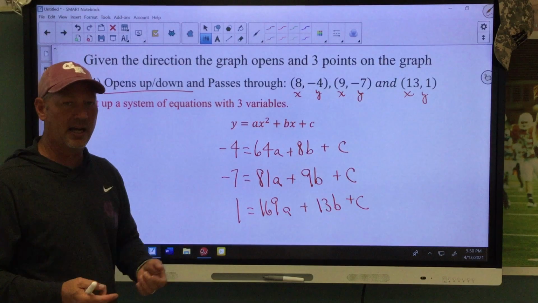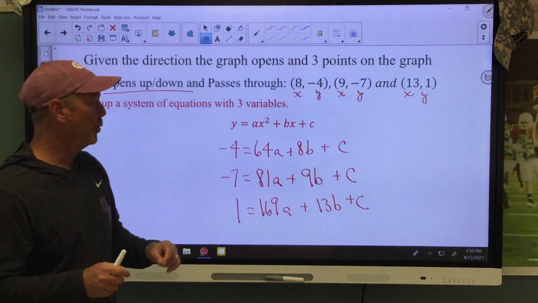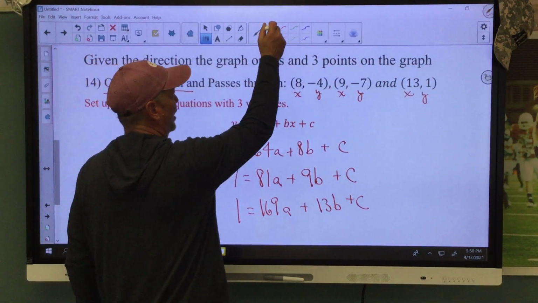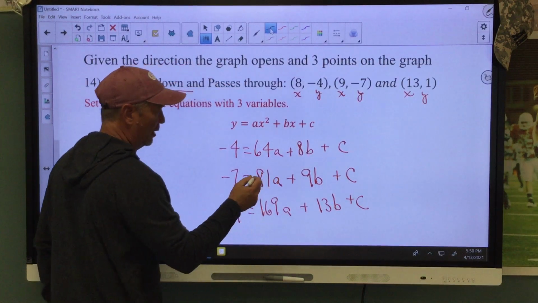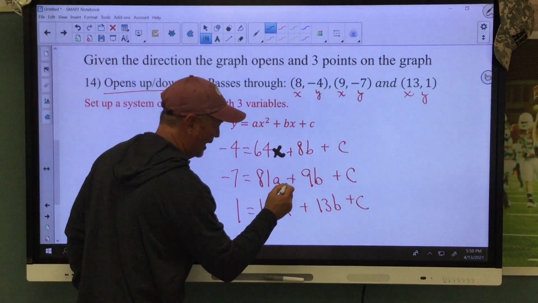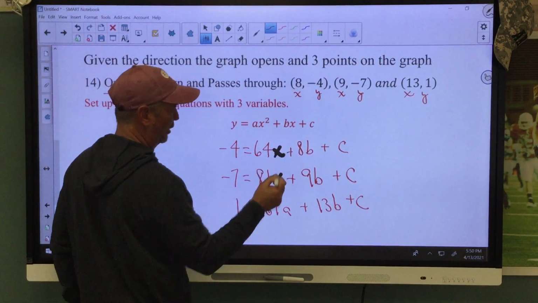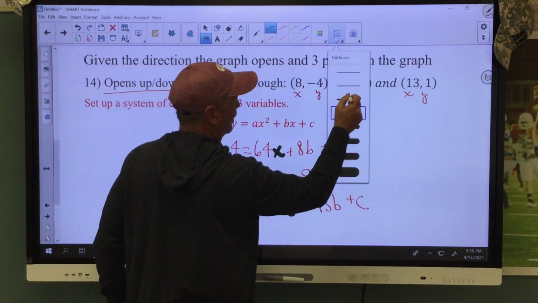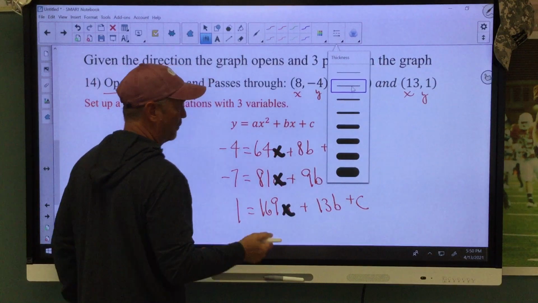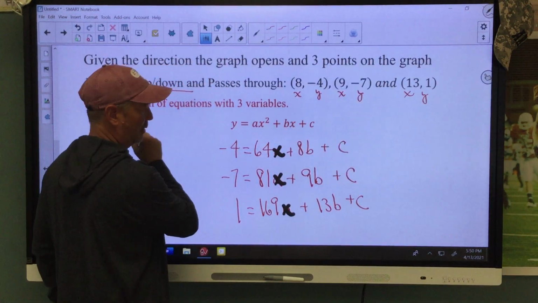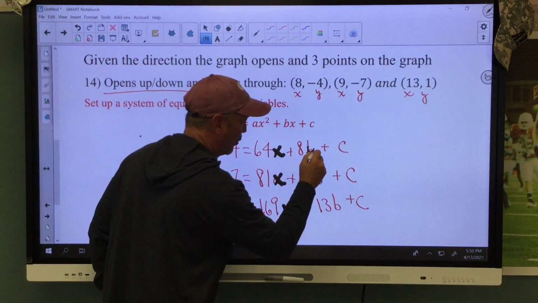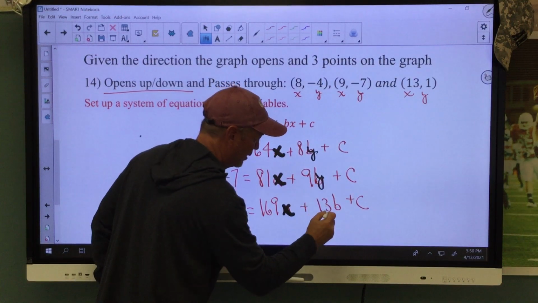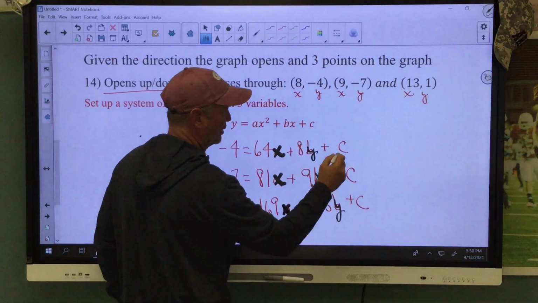But we're going to use our calculator. It's easier to change all these to x's. Oh, they didn't come out very clean. I would prefer that to be a little bit thinner. And change these to y's, and this to z.